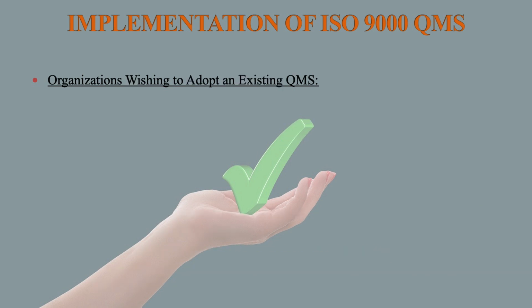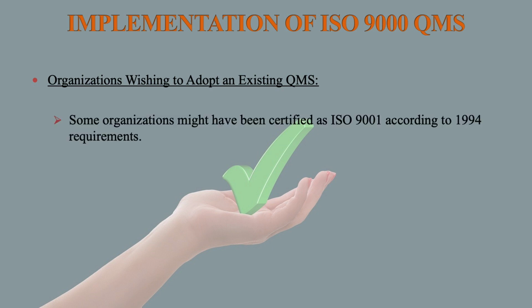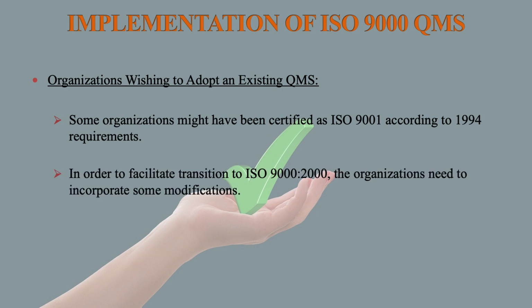Then organizations wishing to adopt an existing quality management system. Some organizations might have been certified as ISO 9001 according to 1994 requirements. In order to facilitate transition to ISO 9001-2000, the organizations need to incorporate some modifications.